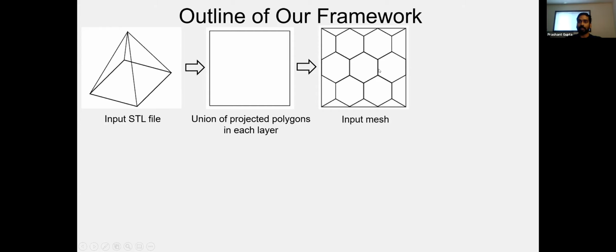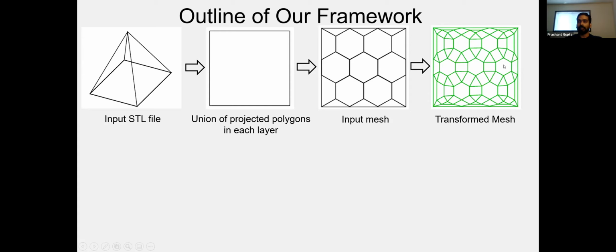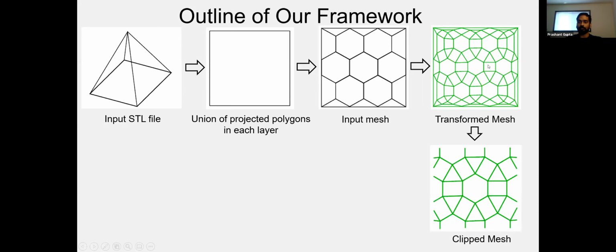Once we do that, we apply Euler transformation and we get this transformed mesh where each vertex is connected to 4 other vertices. And then for each and every polygon, we are going to clip in a layer. But once we clip it, you can see that we again get odd degree vertices at the boundary.